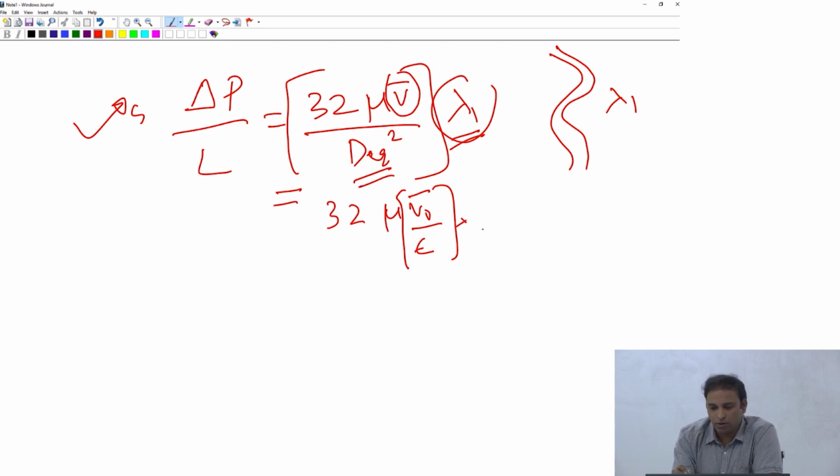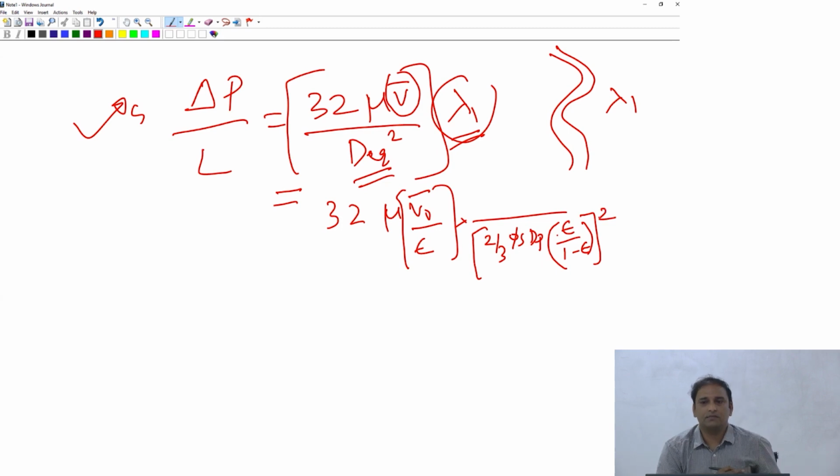So that is 2 by 3 into phi s dp into epsilon divided by 1 minus epsilon, squared, that's just dp, and of course there's a lambda 1, the tortuosity factor.